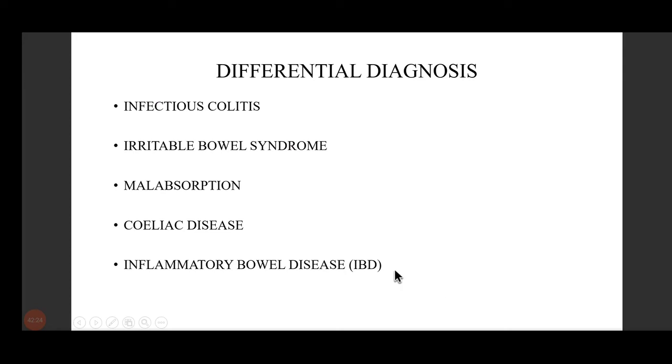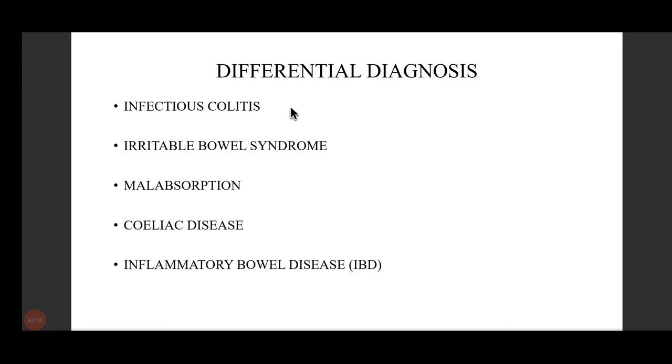These are the differentials I made for this case. Infectious colitis can be there, but by that time, all the investigations must have ruled out if there is any infection or not. Okay, irritable bowel syndrome. Irritable bowel syndrome can present with this condition because it's very difficult to diagnose, as it's more of a clinical entity.